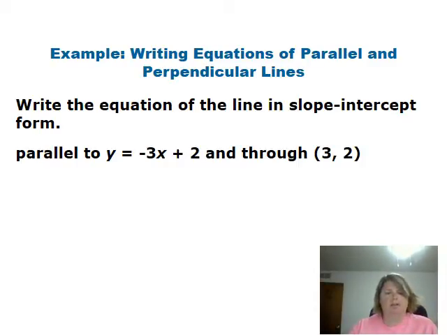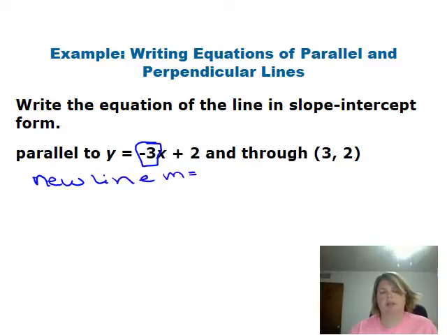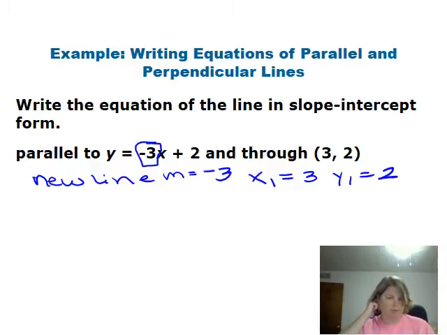This line has to be parallel to this one. Parallel lines have the same slope, so our new line is also going to have a slope of negative 3, right? It's also going to pass through the point 3 and 2. So we get that information from the problem.